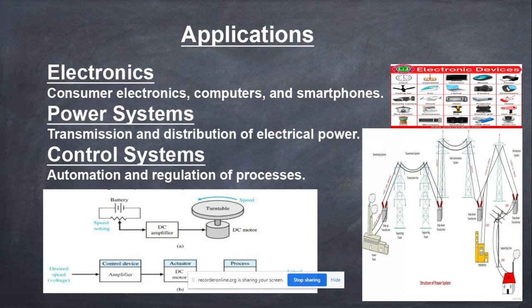The transmitted power comes to the step down transformer, and then goes to sub-transmission systems, and these go to another step down transformer, and the stepped down power goes to the supporting pole.